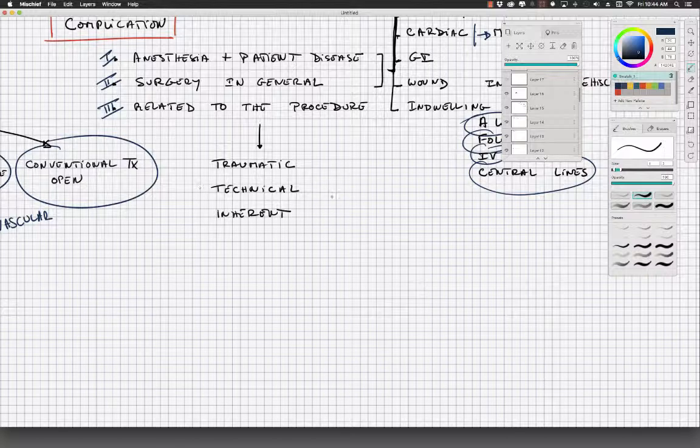They can also be technical. For example, you can injure the hypoglossal nerve when you do a carotid endarterectomy, or the vagus. And complications inherent to the procedure, and that would be, again, if we do a carotid endarterectomy, that would be stroke, or with an aortic aneurysm, bleeding, embolization, and so on.